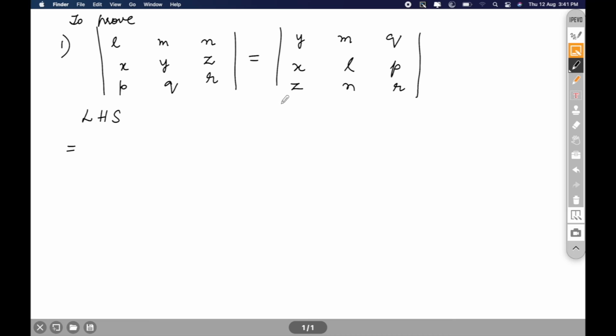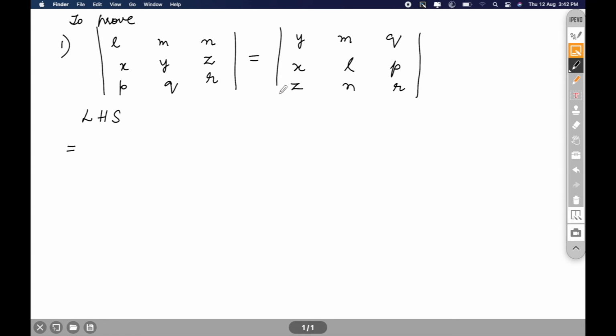Two properties come to my mind right now. One property says interchanging the rows and columns of a determinant does not change the value of the determinant. So that's possible. Another property that helps to change the position of the elements is when we interchange any two adjacent rows or columns, the value of the determinant remains the same but the sign changes.